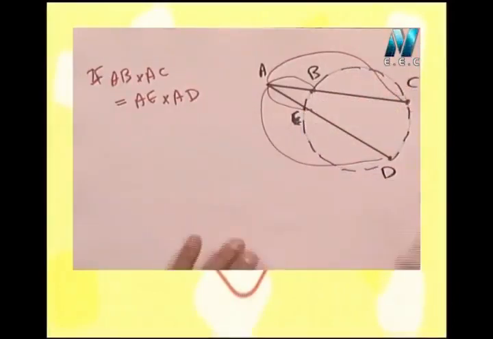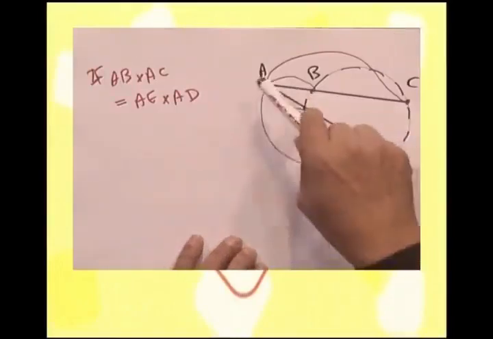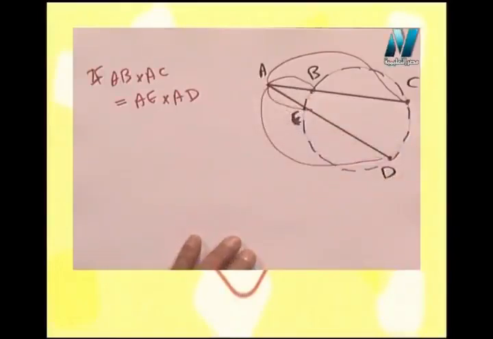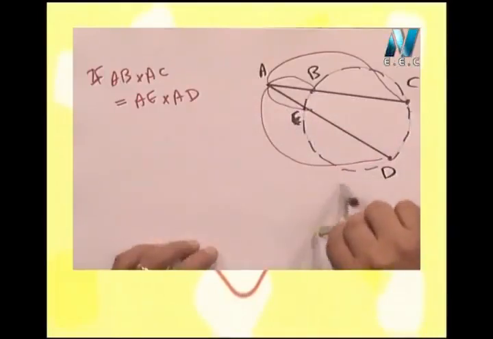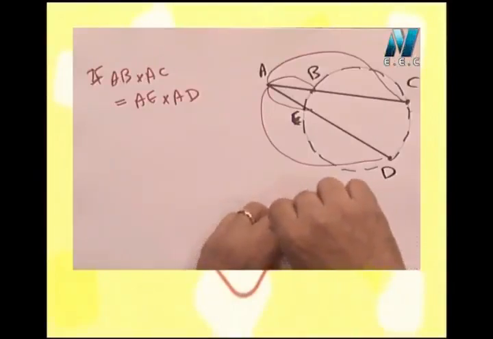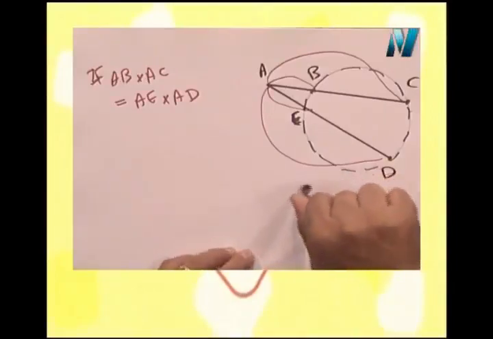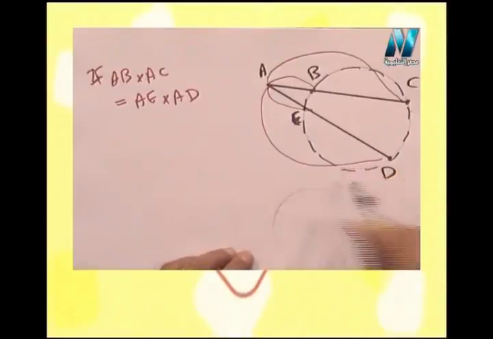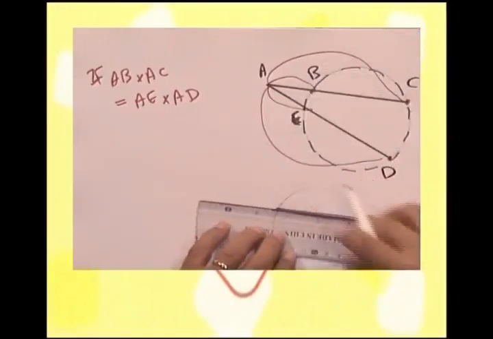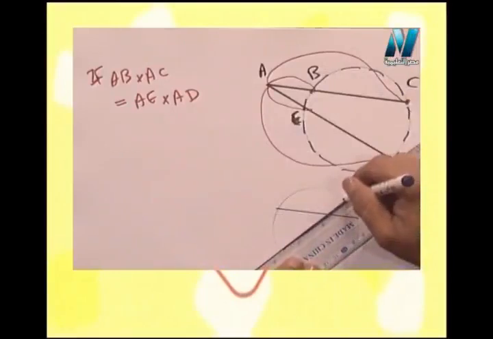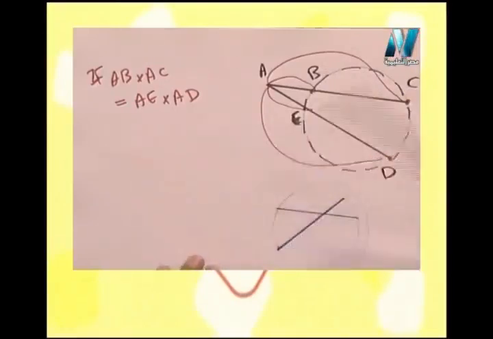This is for two chords that intersect outside the circle. And if we have another one where the two chords intersect inside the circle, we have here two chords that intersect inside the circle.